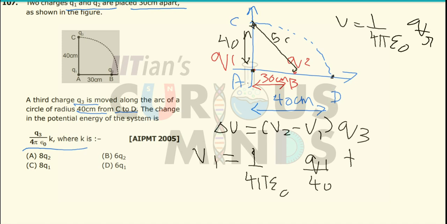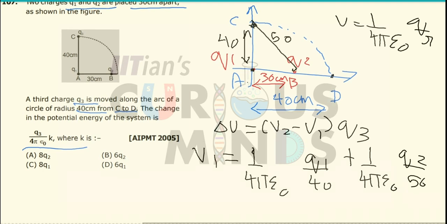So by Pythagoras triplet, this will be equal to 50. So it will be 1 by 4 pi epsilon naught Q2 divided by 50. Okay, this is the potential at C due to the two charges.